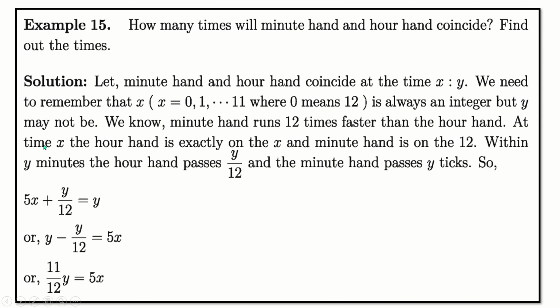At time x, the hour hand is exactly on x and the minute hand is on 12. Within y minutes, the hour hand passes y divided by 12 and the minute hand passes y ticks or y parts. So 5x, because for 1 hour the hour hand covers 5 divisions, plus y divided by 12.